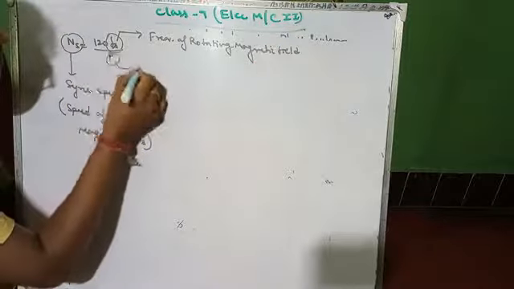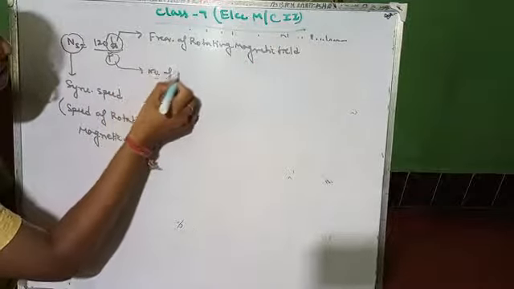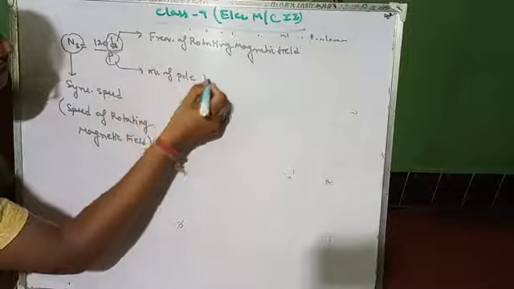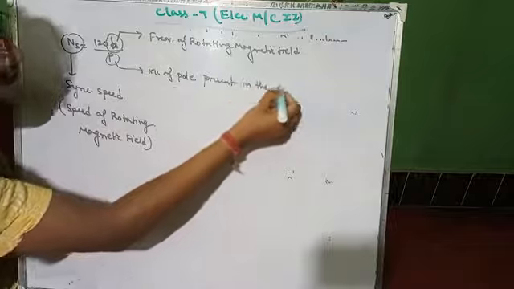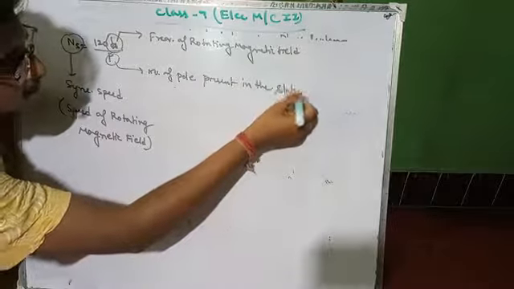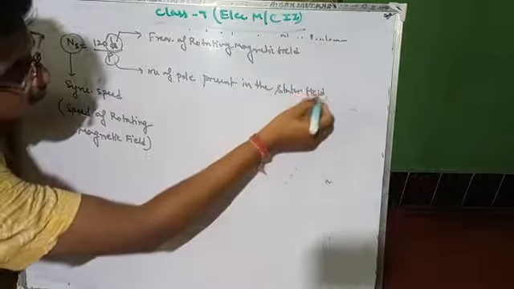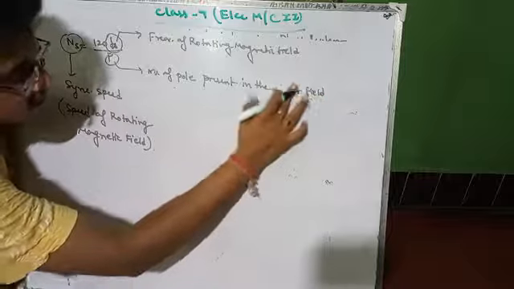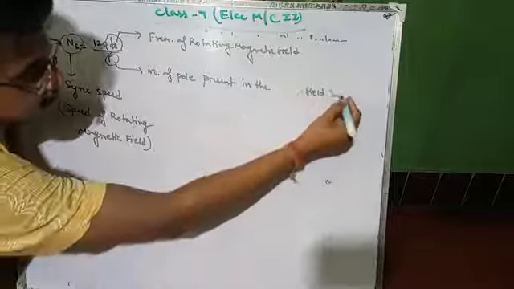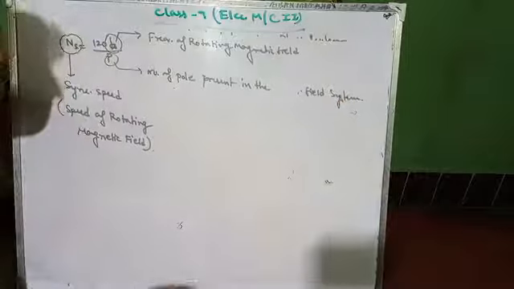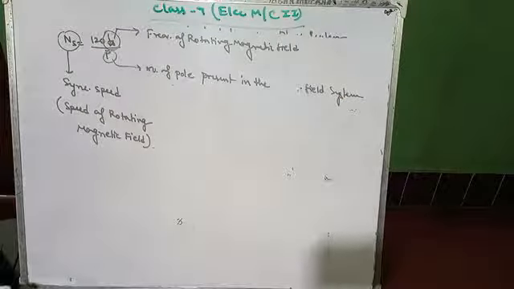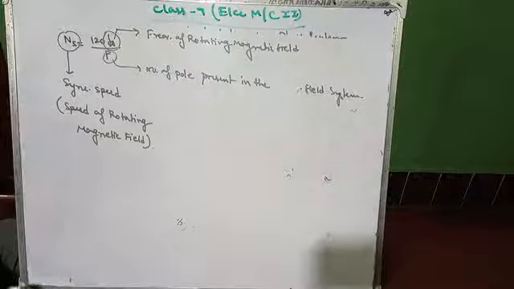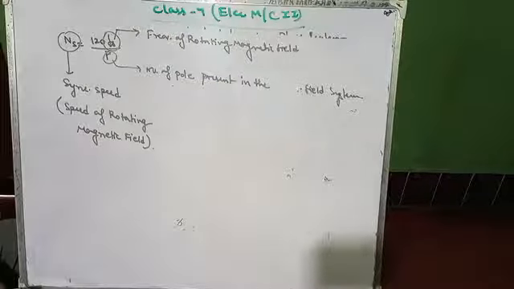And P equals number of poles present in the stator field or the field system. How many number of poles are there in field system? So Ns equals 120 Fs by P. This is your formula.